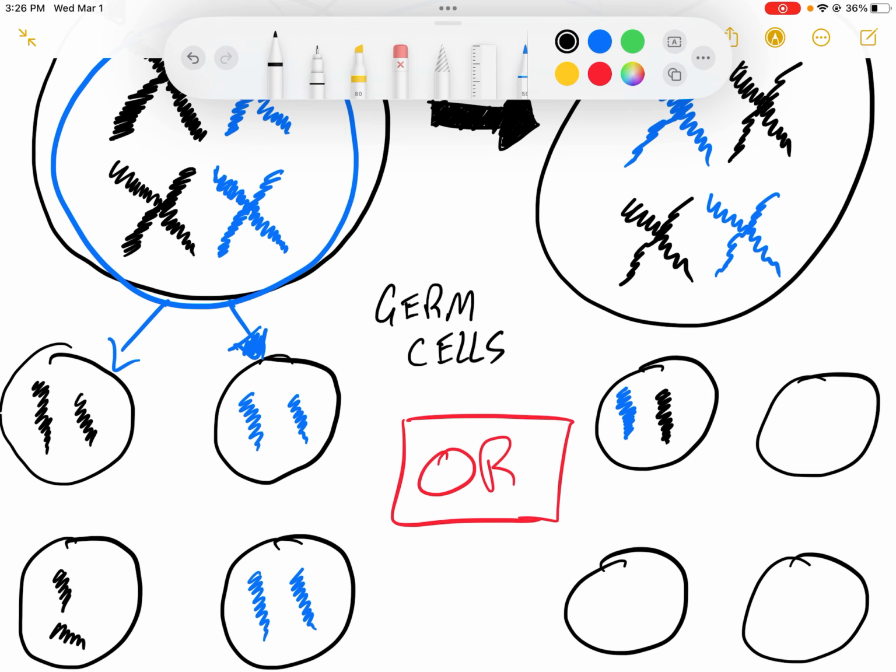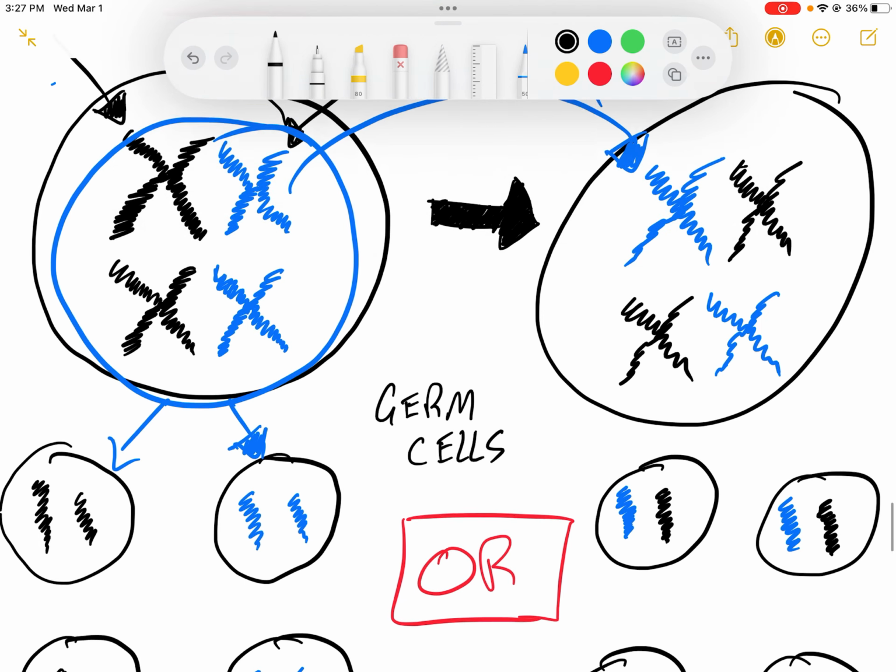The middle left leg is going to have a blue and a black chromosome. The middle right is going to have a black and a blue chromosome. And then the other one is going to have a blue and a black chromosome. So as you can see, there's a lot more genetic variation happening over here with independent assortment.